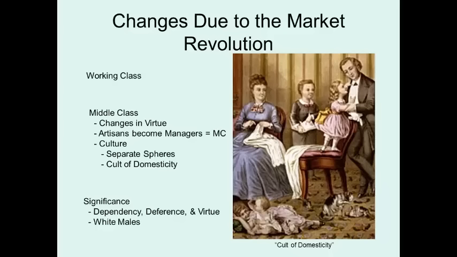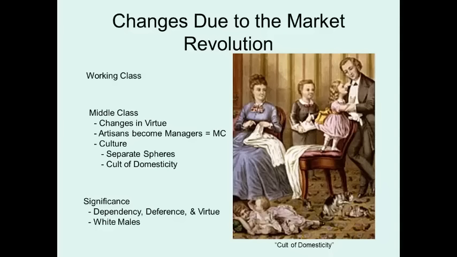So, this is kind of a mixed bag for women. On the one hand, this new respect for the morality of women gives them certain power that they did not have before. Prior to this era, the father basically was the head of the household too, and so he ran the inside of the house and he ran the outside of the house.